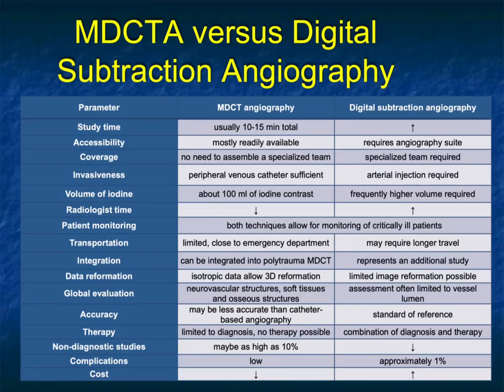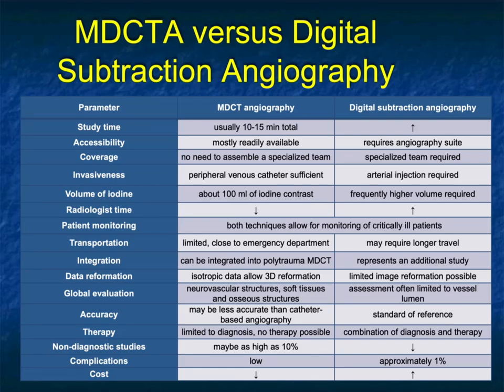So some things people have also spoke about, comparing CT angio versus classical digital subtraction angio. Study time, obviously CT is faster. It's more accessible. It's always there. You don't need a special team. Peripheral venous access is sufficient. Radiologist time is decreased.